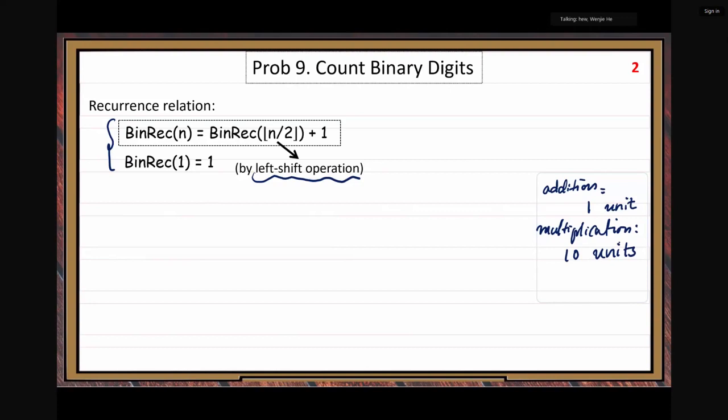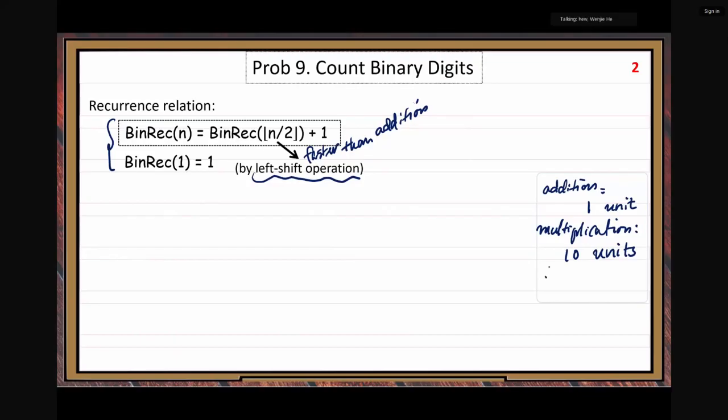For a power of 2, you do shifts, which is even faster than addition, because you just move, shift. That's faster than addition.